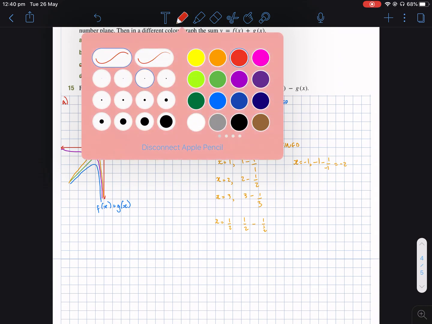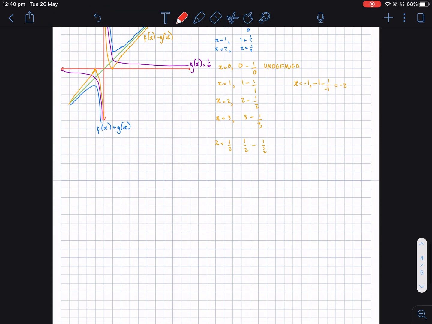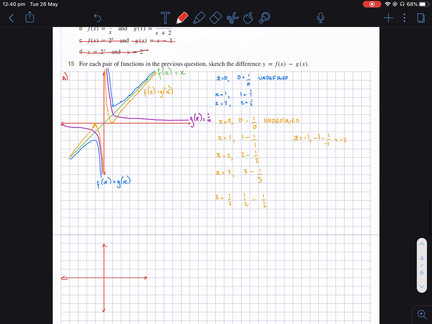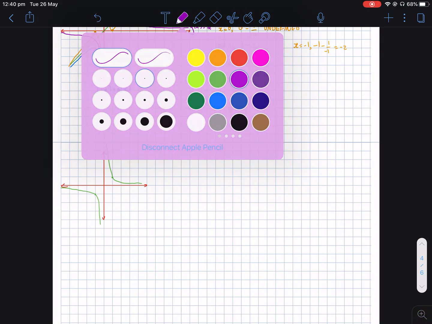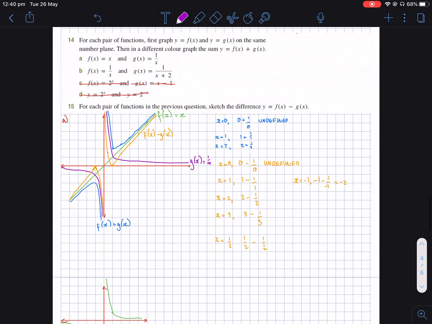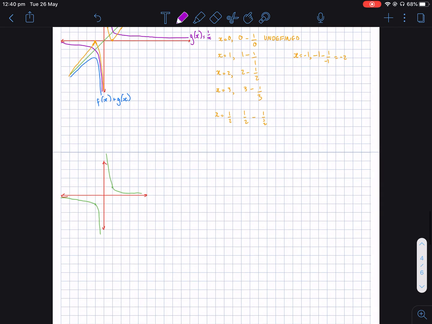Okay, my next one's a bit harder because I've got two hyperbolas. My first is 1 on x. Sorry, so it's going to go through there and there. And my next is 1 on x plus 2, which means it's been moved left 2.